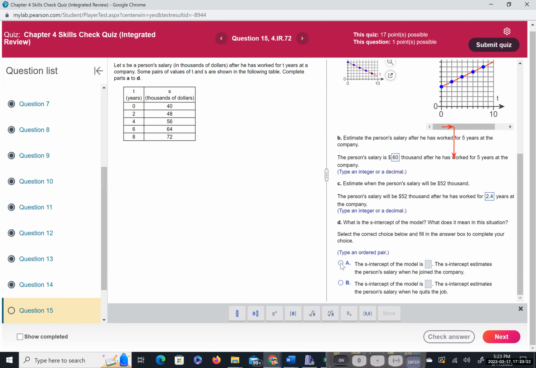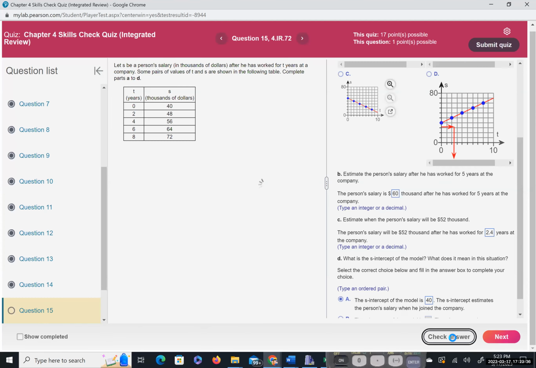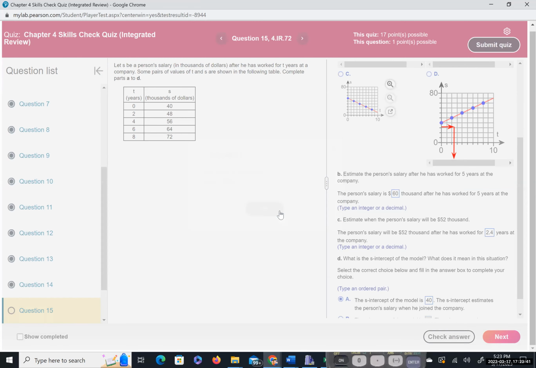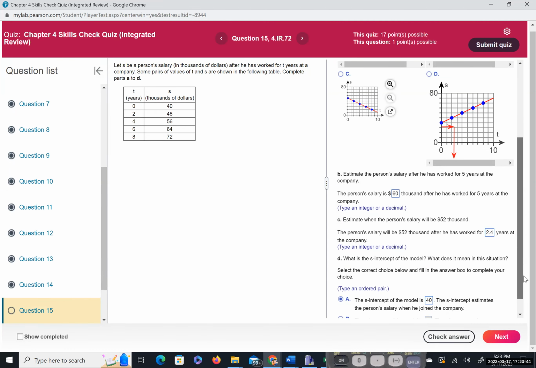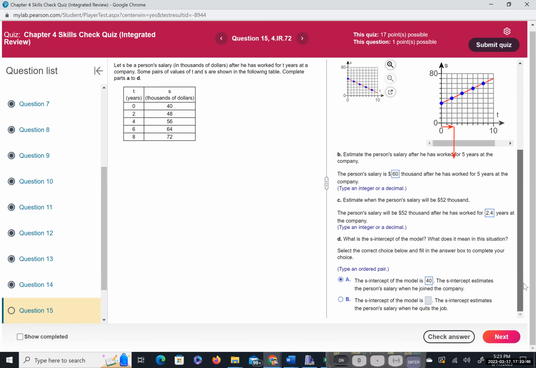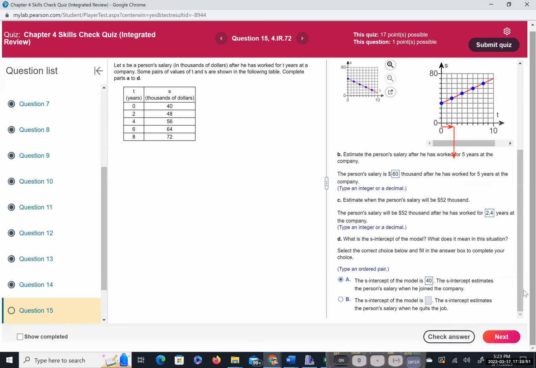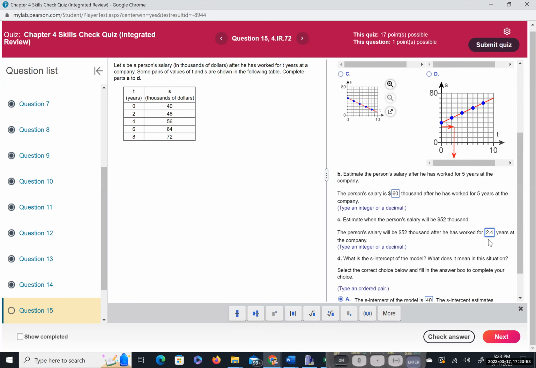So A is the answer, and what is the salary? 40K, right? 40,000, but I put it as 40. And check the answer. There you go. Or something was incorrect. Let me see. Well, I think it's maybe this one. Let's check with 2.3.